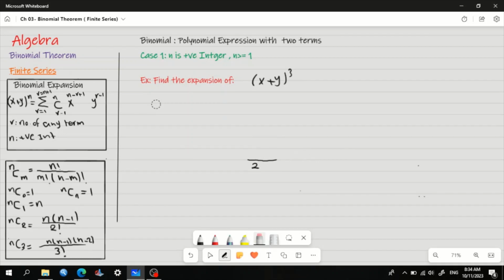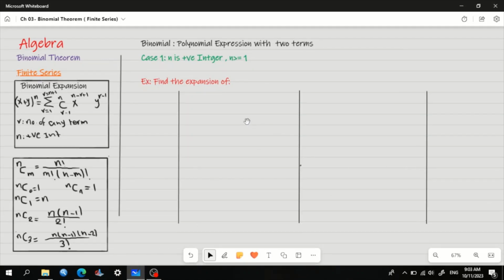Okay, let's move to our next example. Here, if we have (x + 3y)^5. Okay, so n here is equal to 5. So the number of terms is equal to n + 1, equal to 6.